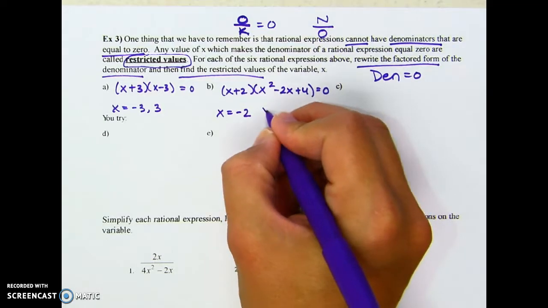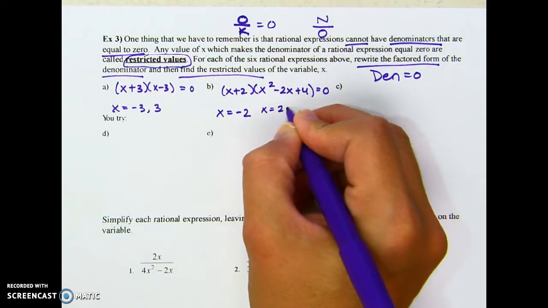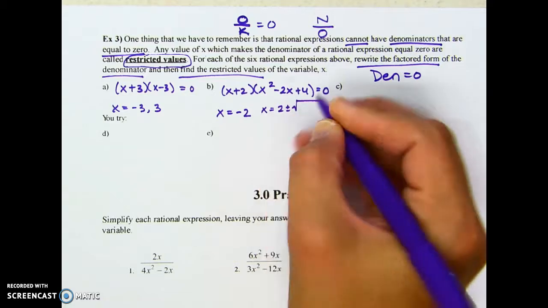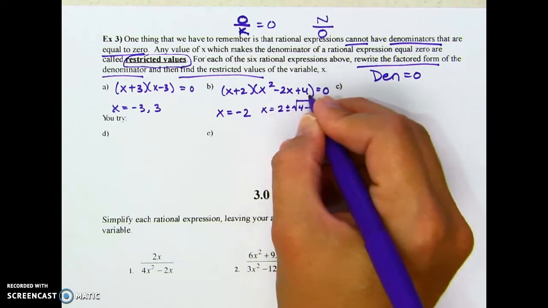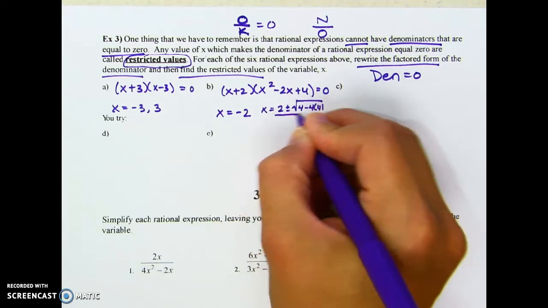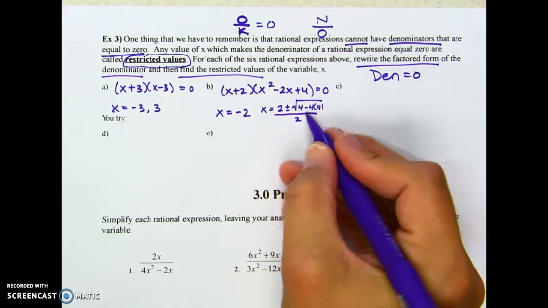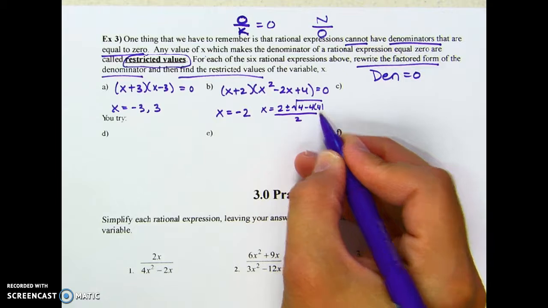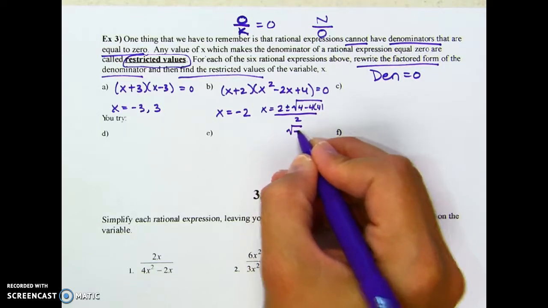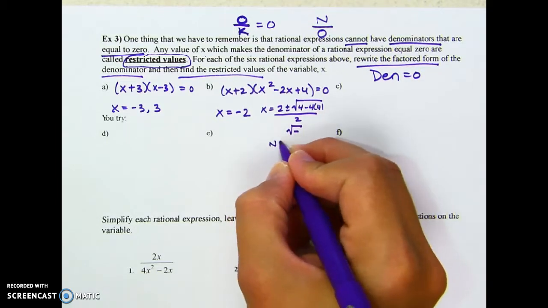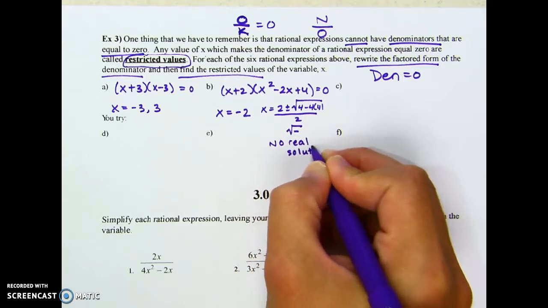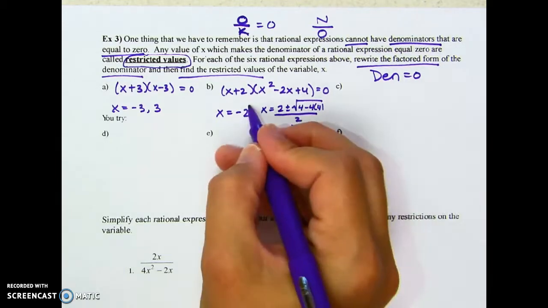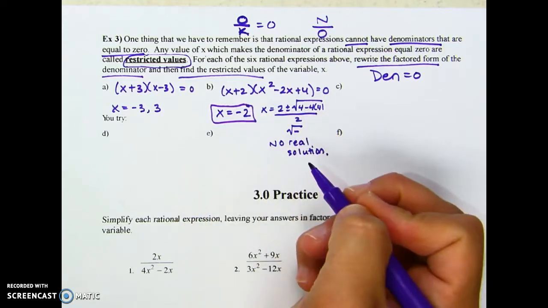So if you use the quadratic formula, x is equal to -b plus or minus the square root of b squared minus 4ac all over 2a. Do you see how we're going to get 4 minus 16? And that's the square root of a negative. So that's going to be no real solution. Okay, so the only restricted value is here.